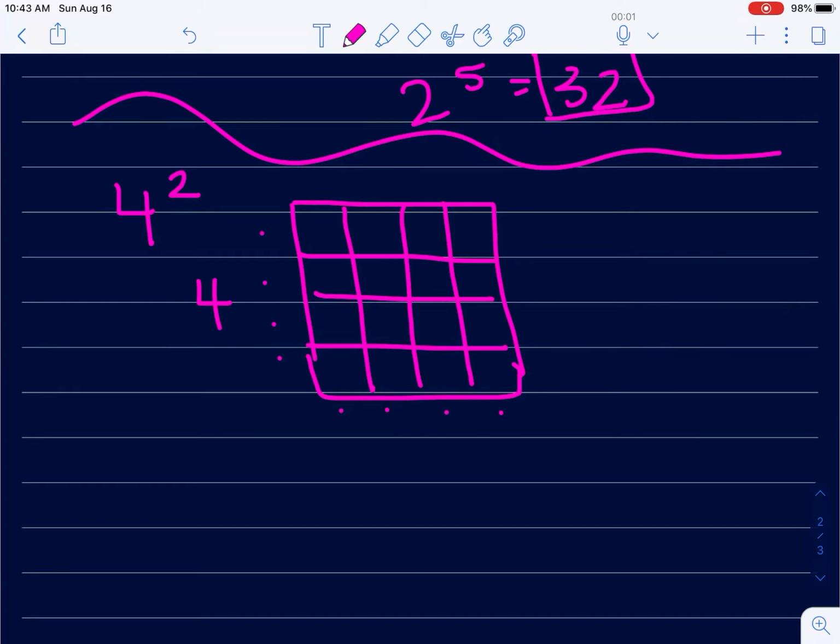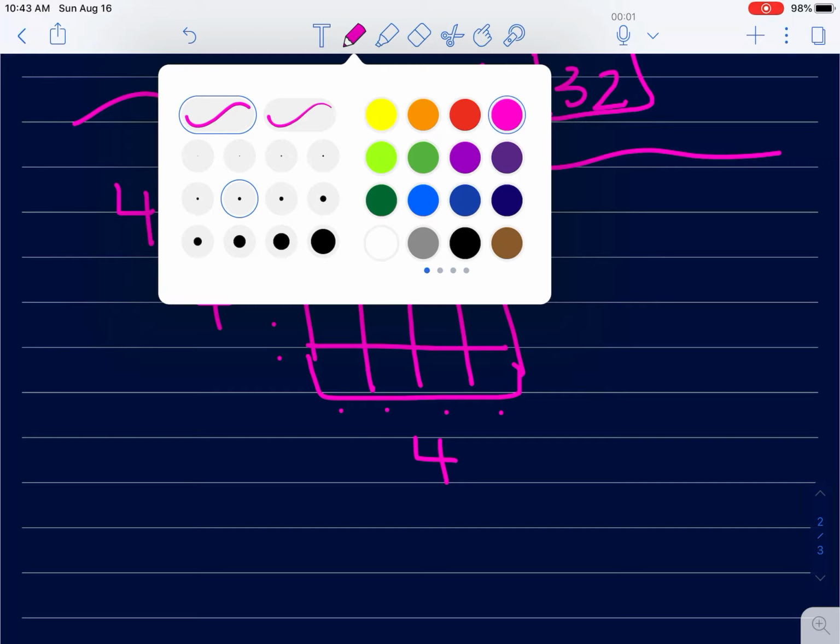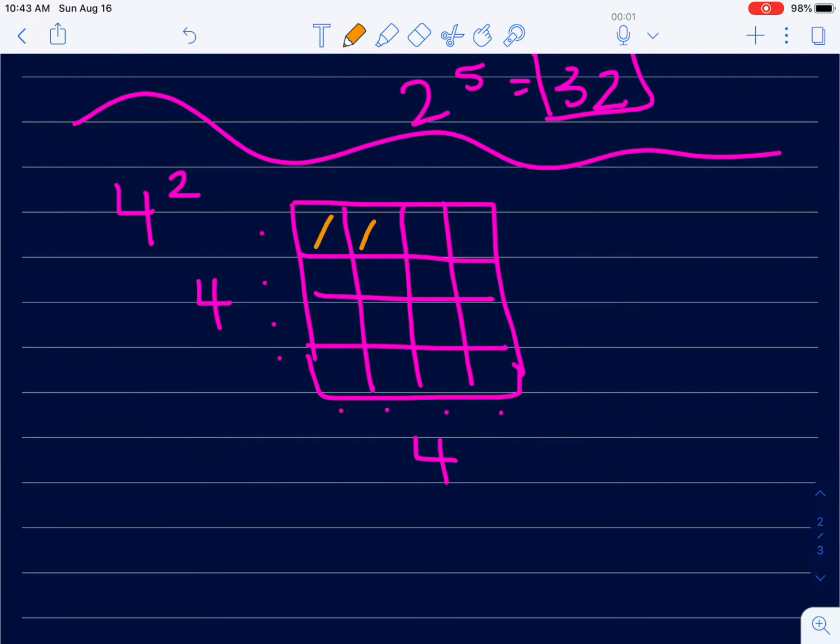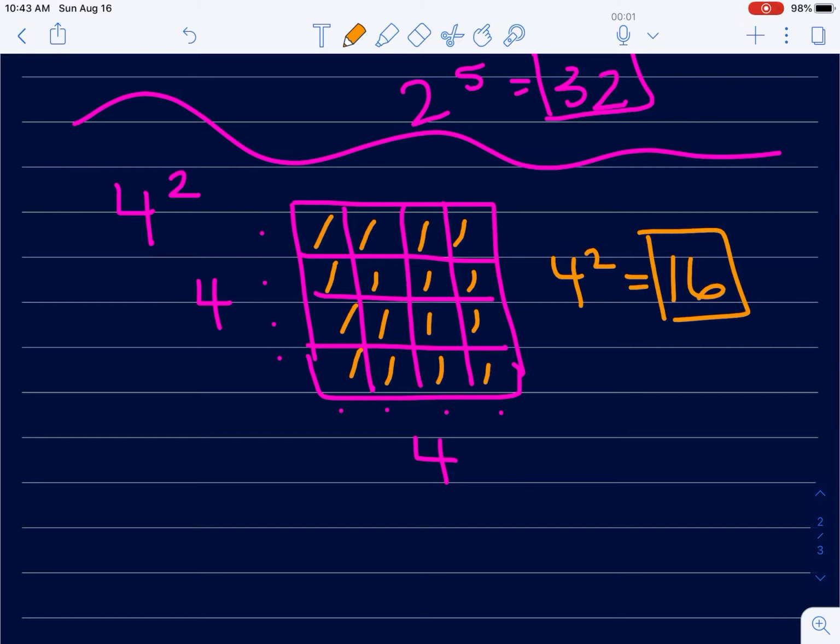And you know that 4 by 4 would make 16, but here's why. Let's change colors. So this is 1, 2, 3, 4, 5, 6, 7, 8, 9, 10, 11, 12, 13, 14, 15, 16. This is actually 16 squares, and that's why 4 squared equals 16, because it's actually 16 little boxes. And it's 4 squared because it makes a square.